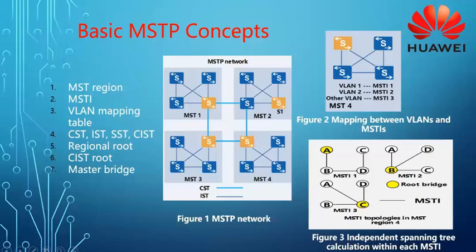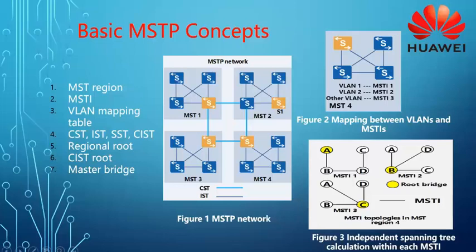The second option is to create instances with a number and the VLANs belonging to it. For example, here with the command instance 1 vlan 2 to 10, we map all VLANs from 2 to 10 to this instance.